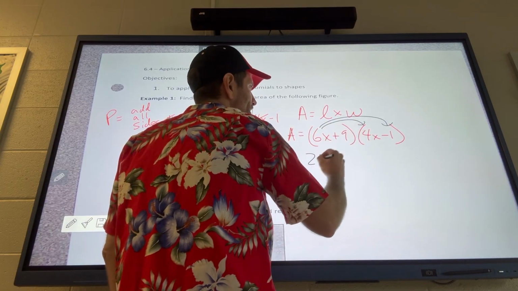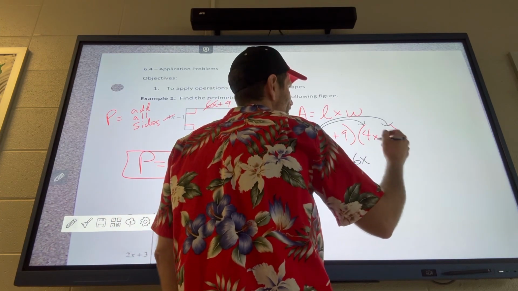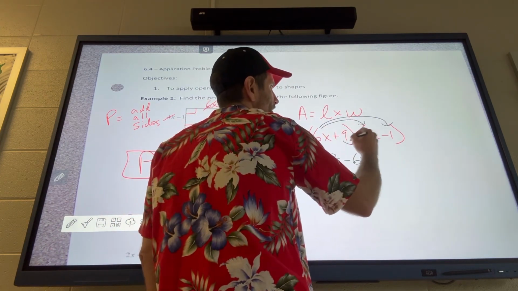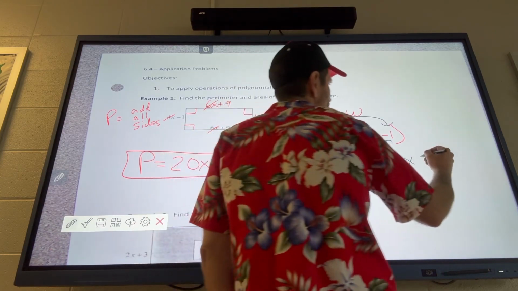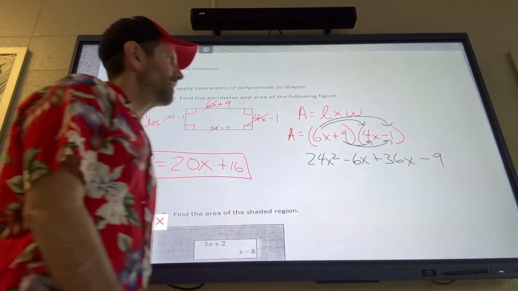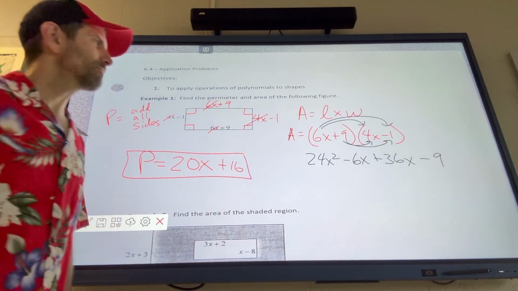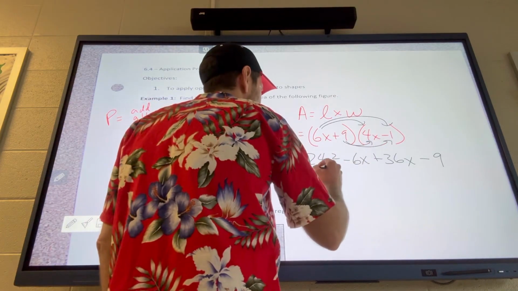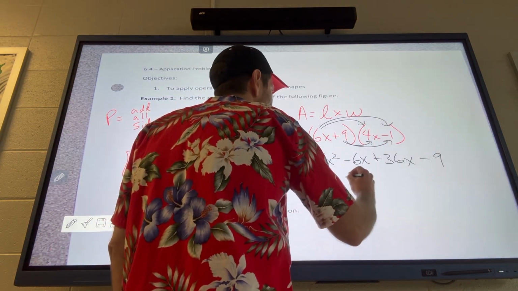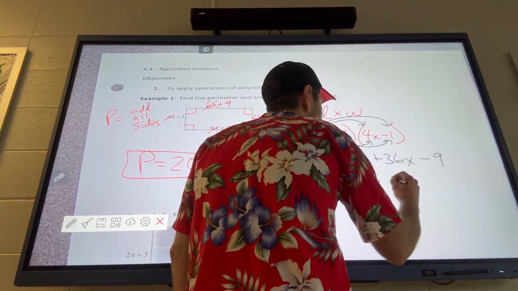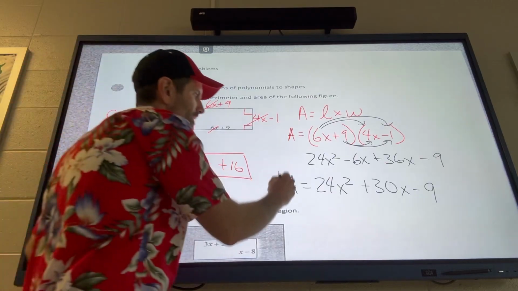So we get 24x squared minus 6x. Then we distribute the 9. We get 36x minus 9. And we're almost done. We get to combine like terms in the middle to finish this out. So our area is equal to 24x squared plus 30x minus 9.